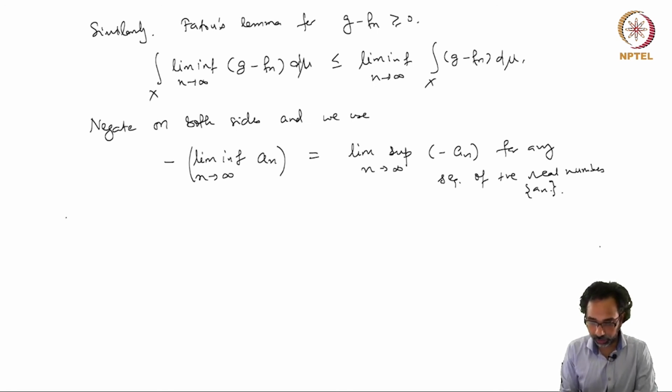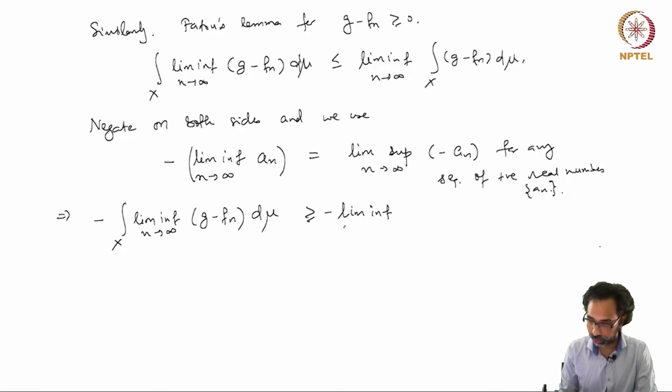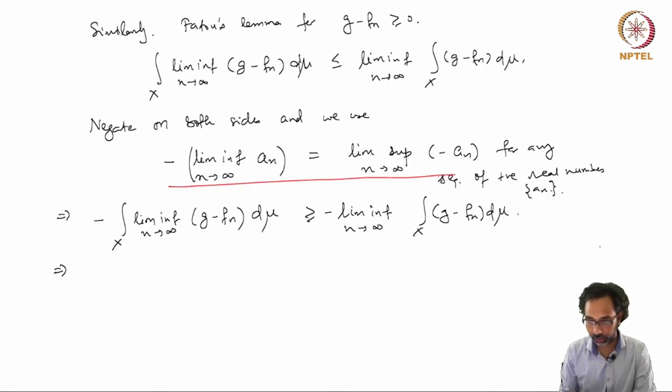So here we will get minus integral of lim inf as n tends to infinity of g minus fn d mu is greater than or equal to minus lim inf as n tends to infinity of integral g minus fn d mu. And so now we can use this fact about lim sups and lim infs when you take the negation.